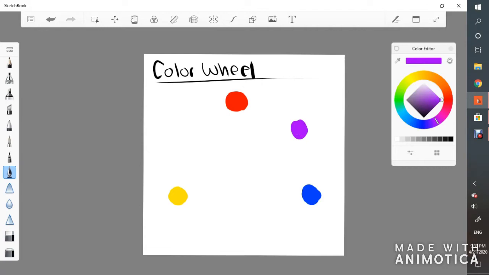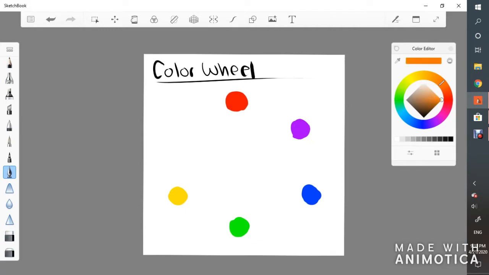Yay, it shows up. It works. And we're going to mix yellow and blue. And when we mix that, we get green. Yay! And then mix red and yellow, you get orange.